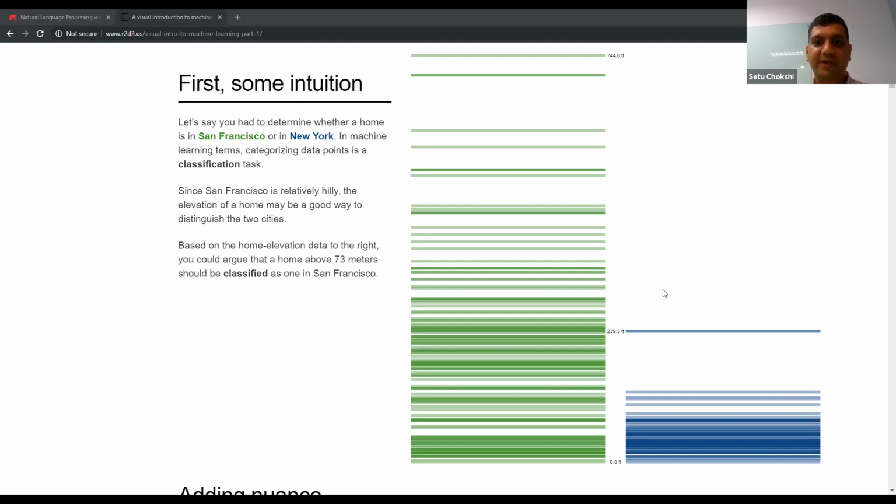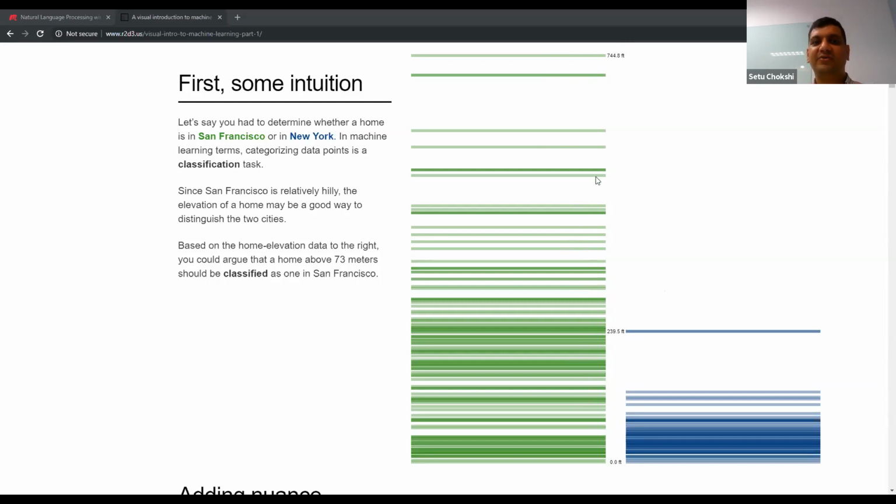Each line represents a single house at a particular elevation. If you look at your y-axis, that's just your elevation. For New York, it ends at about 239.5, while for San Francisco, it goes up as high as 744.